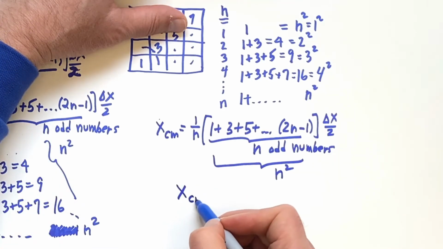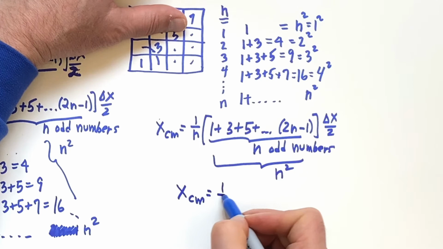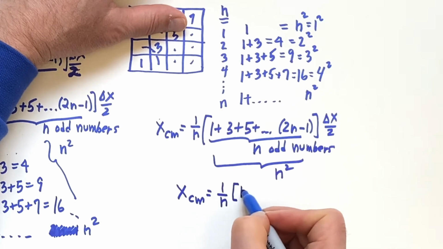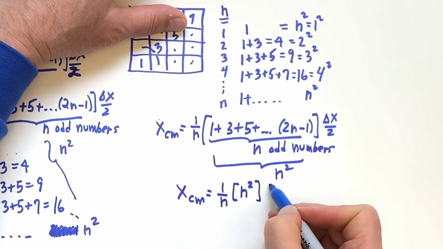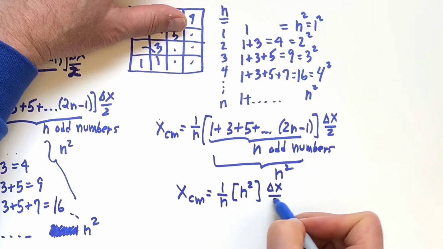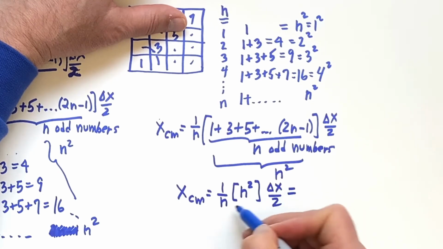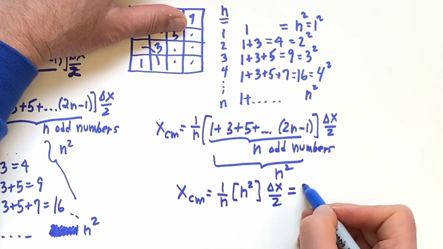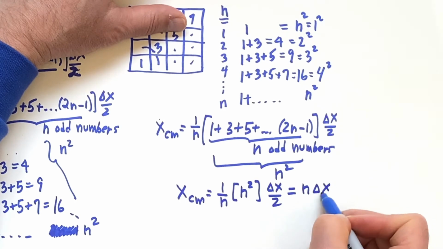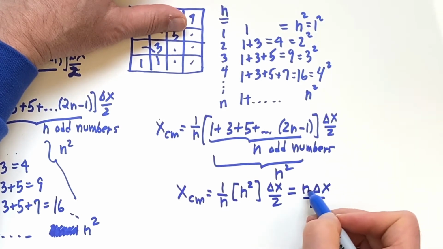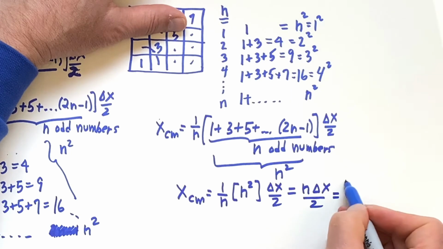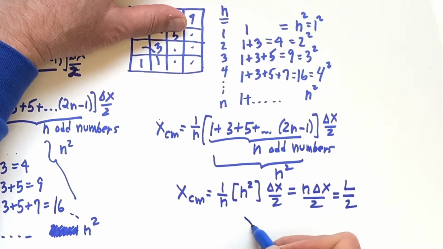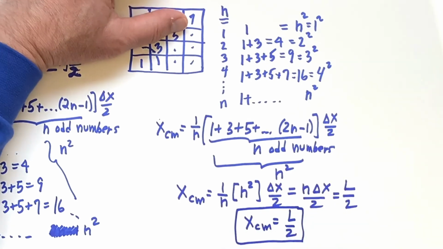So the center of mass is going to be 1 over n times n squared times delta x over 2. Now one of the n's is going to cancel. You're going to have n delta x over 2. But what's n times delta x? That's the length. So we did it. The center of mass is in the center of the rod, and we didn't use any calculus.